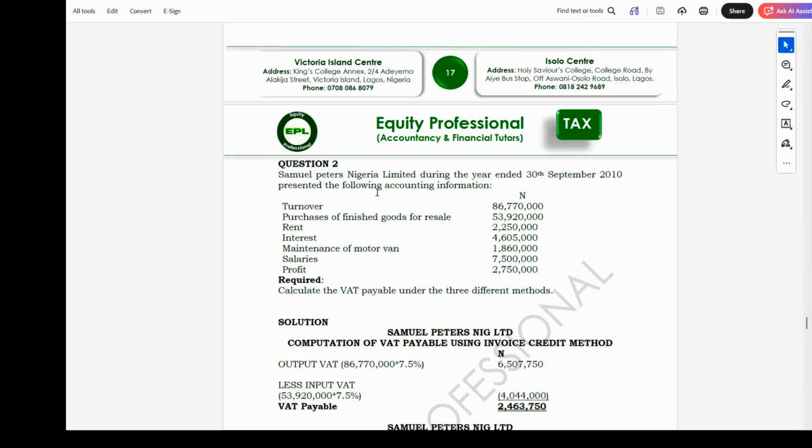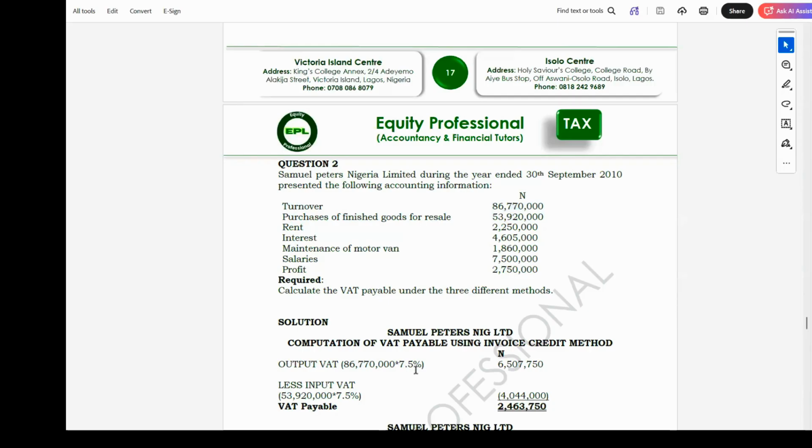So let us now analyze it here. We have turnover. Under the invoice credit method, this turnover will give rise to which type of VAT? Turnover is our sales. Output VAT. So you calculate your output VAT. Output VAT will be the value of the turnover, 86,770, multiplied by 7.5%.